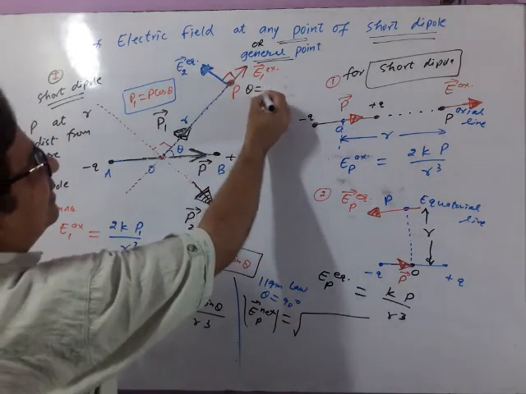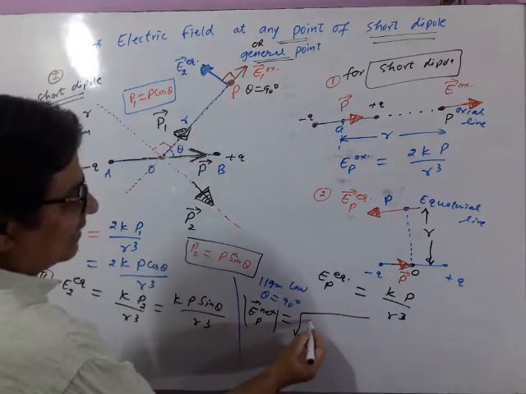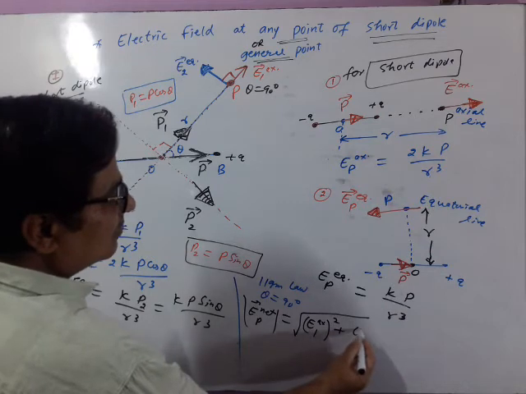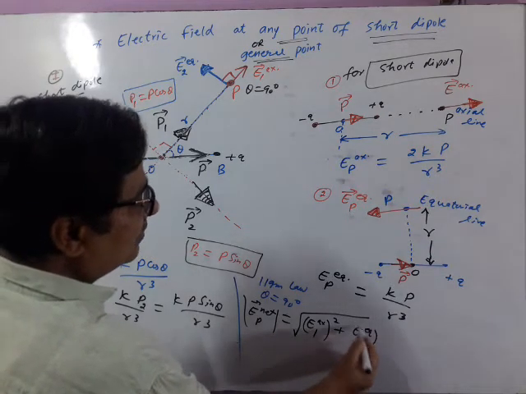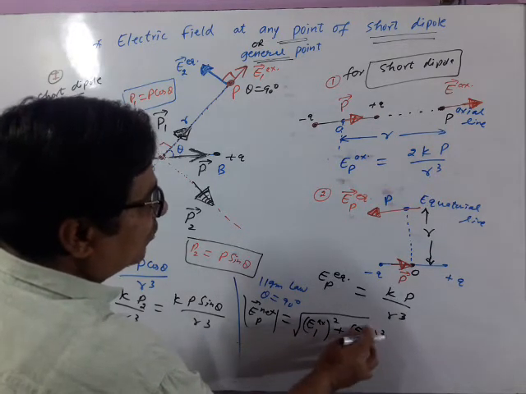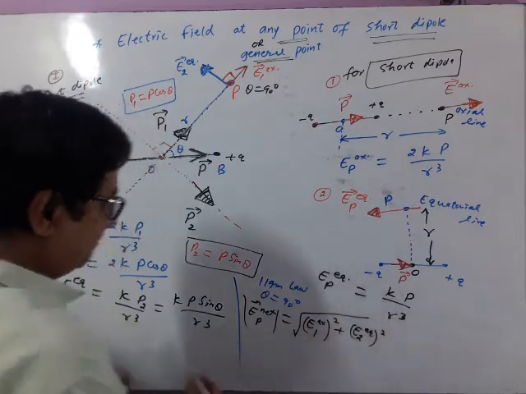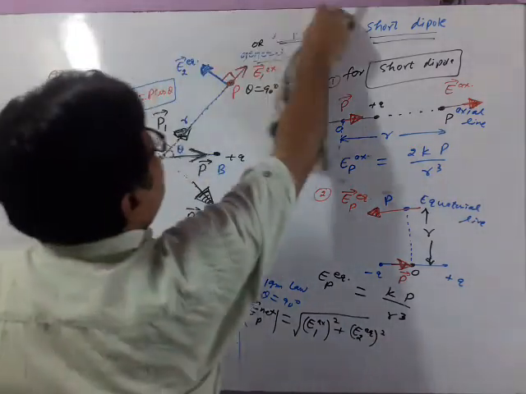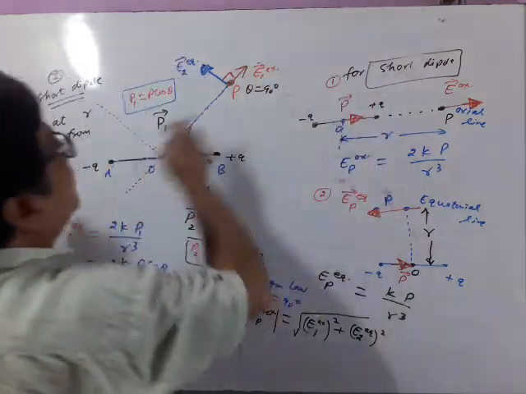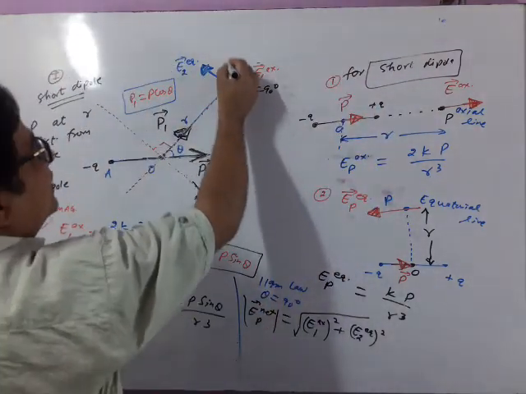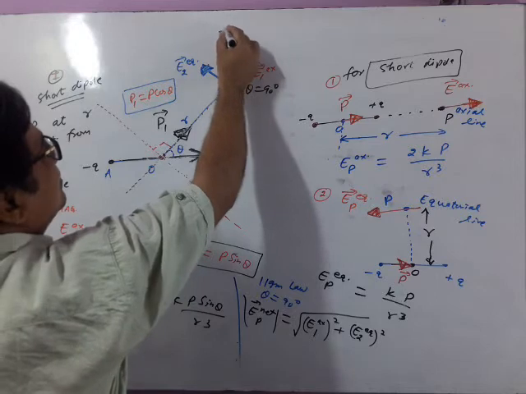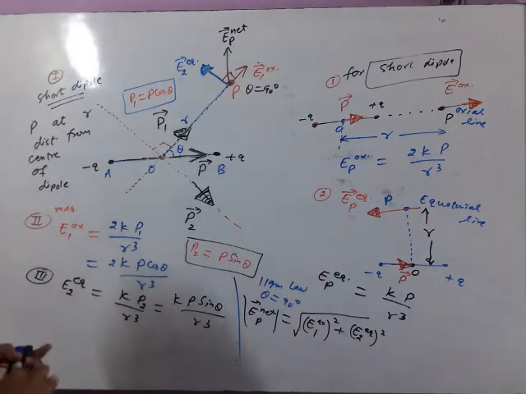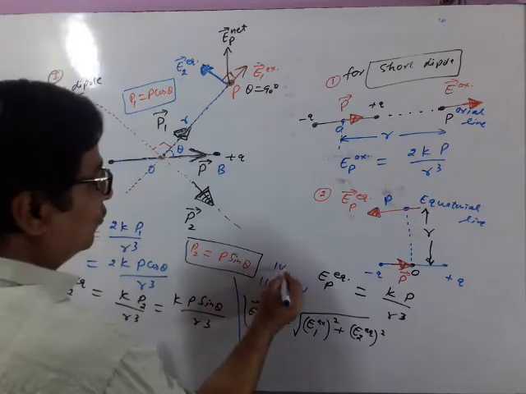You know cos 90 is 0. So you will write it like this: E1 squared plus E2 squared plus 2ab cos 90. You know cos 90 is 0. Just write this. And the most important point, the resultant or net of these two vectors will lie somewhere in between. This was point number 4.